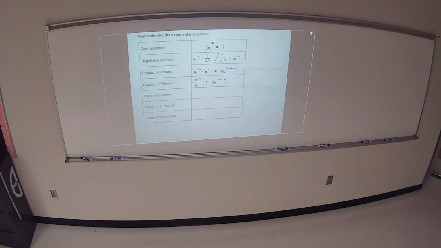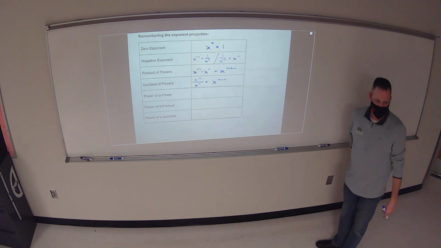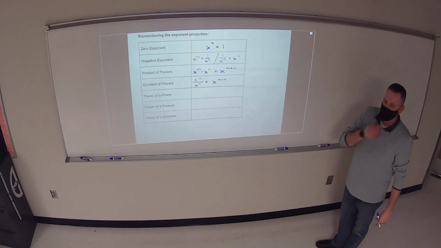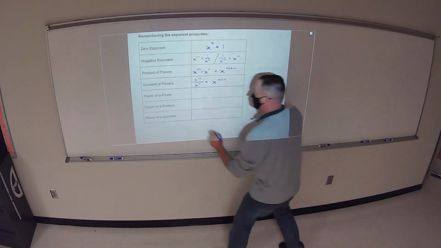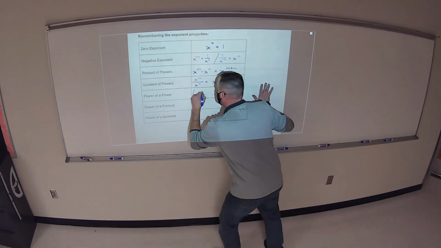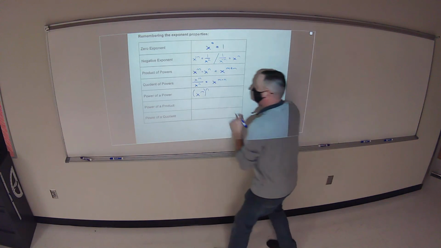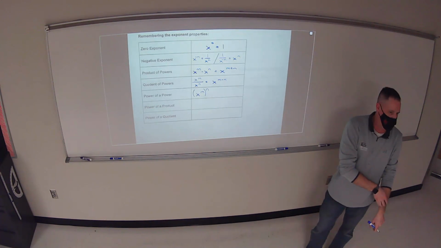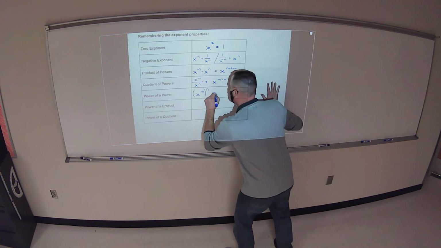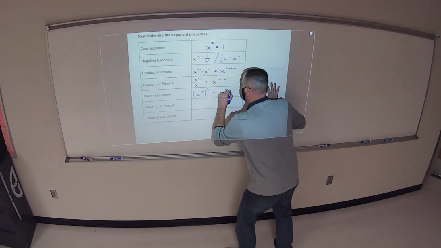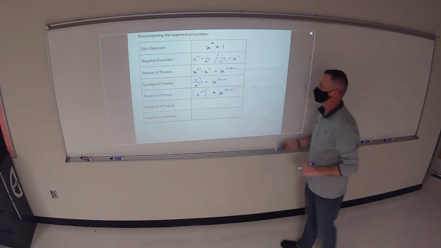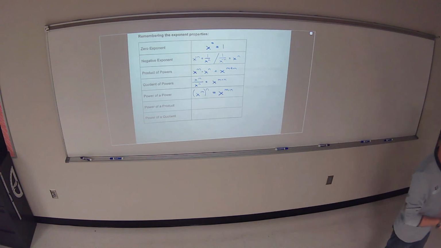And remember, the order is always important, so it's the top one minus the bottom one. The power of a power property says if I have x to the m all raised to the n power, this becomes x to the m times n. Power to a power, you multiply.